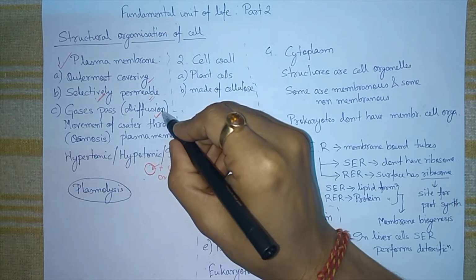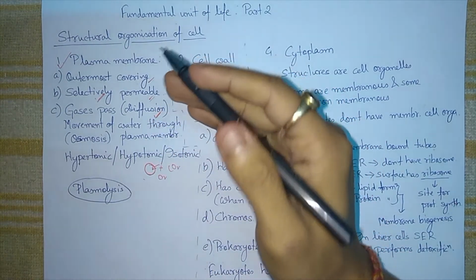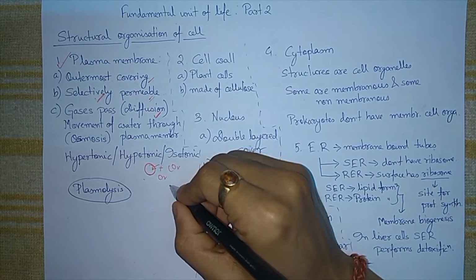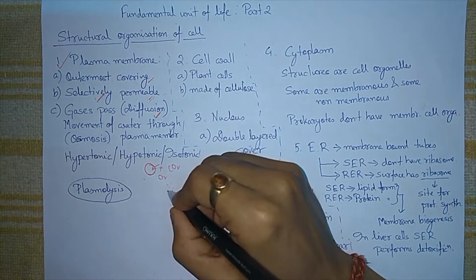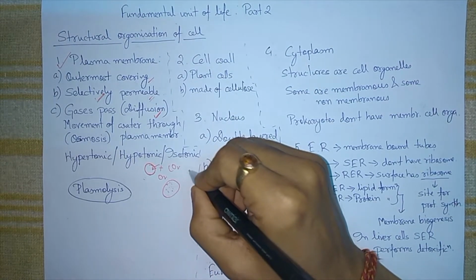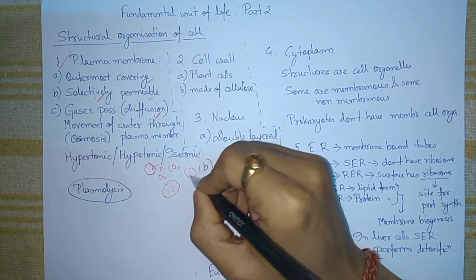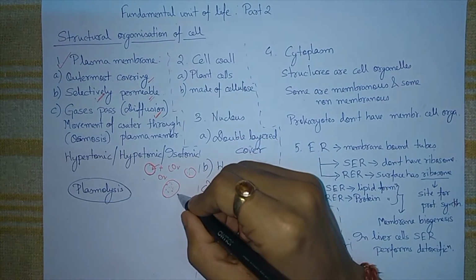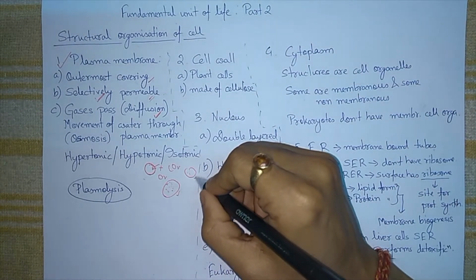Now what is diffusion? Diffusion is a process where we can see movement of some substances from the region of higher concentration to the region of lower concentration. So this is a region, this is another region.